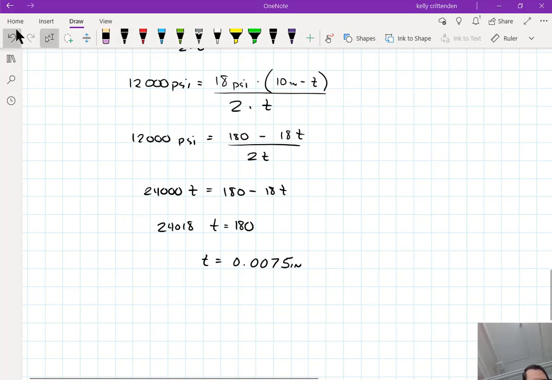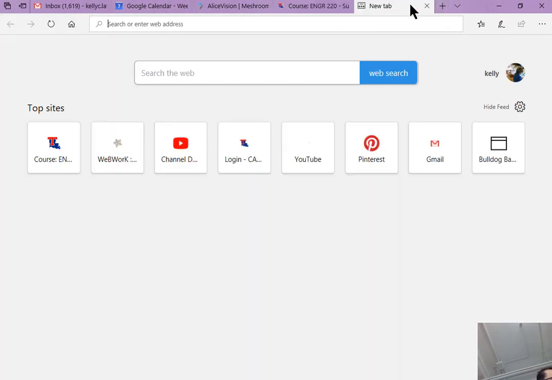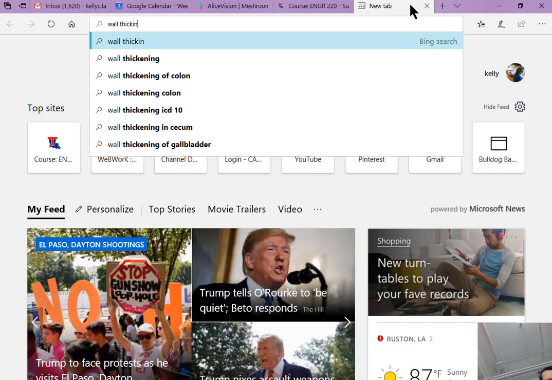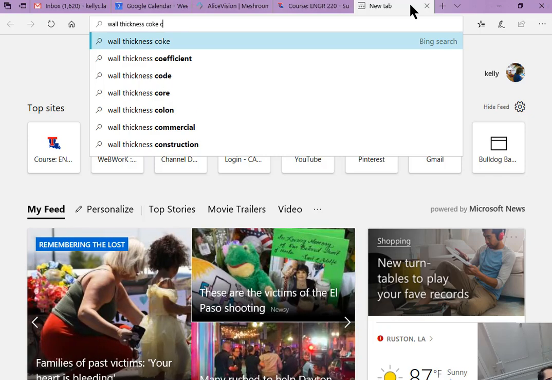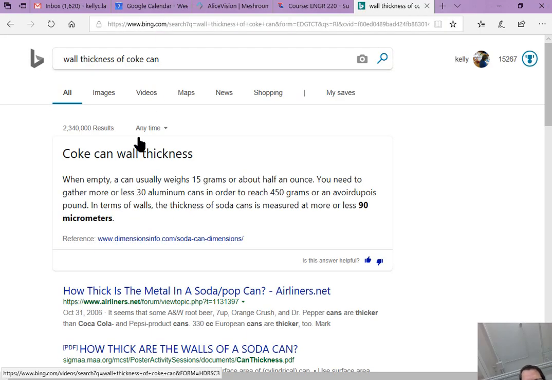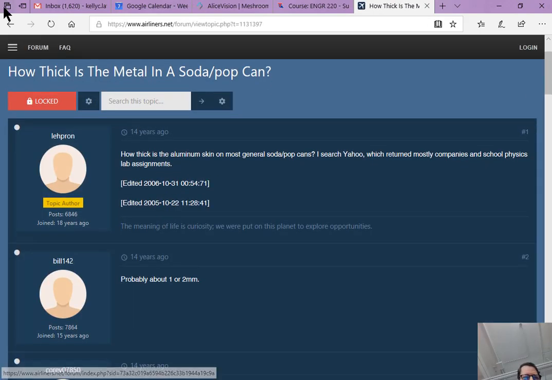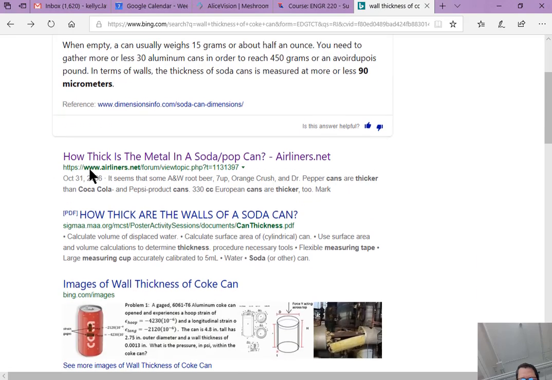Let's see. That's a super tiny thickness, but if we looked up the wall thickness of a Coke can, it's probably not a lot bigger than that. How thick is the metal in a soda pop can?